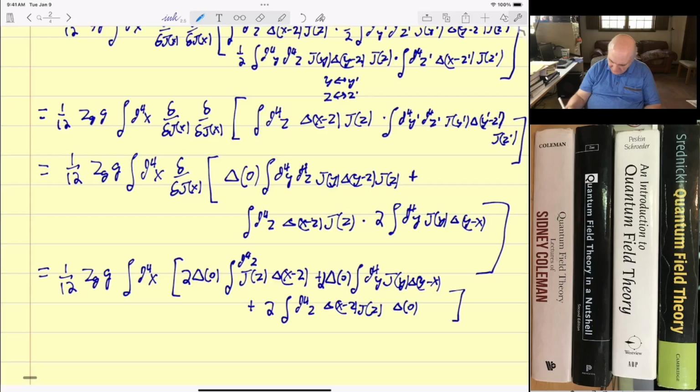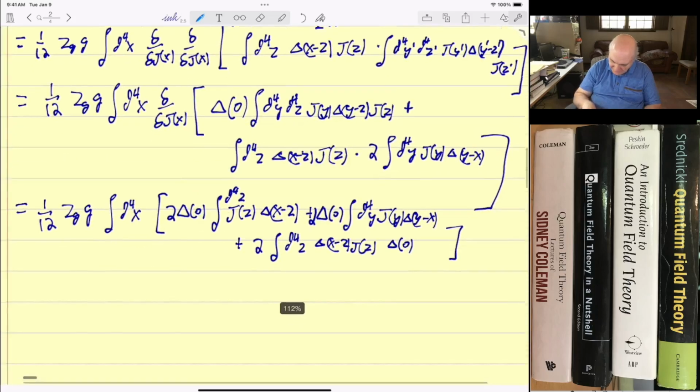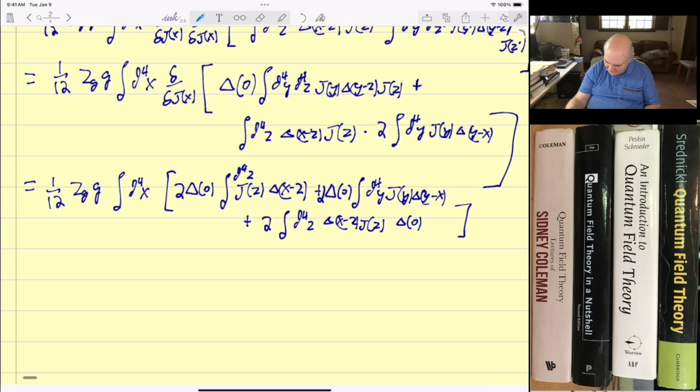So if you look at this now, they're all the same term. They're all the integral of a variable, the functional derivative of the variable, and del x minus z. Here I use y, but I can change y to z.